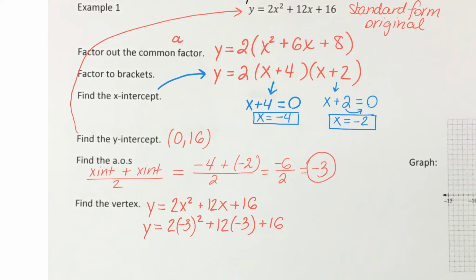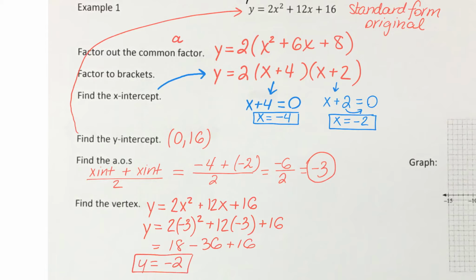All right, aren't you glad we practiced this? Negative 3 squared is 9. 9 times 2 is 18. 12 times negative 3 is minus 36, plus 16. 18 minus 36 is negative 18. Negative 18 plus 16 is negative 2.